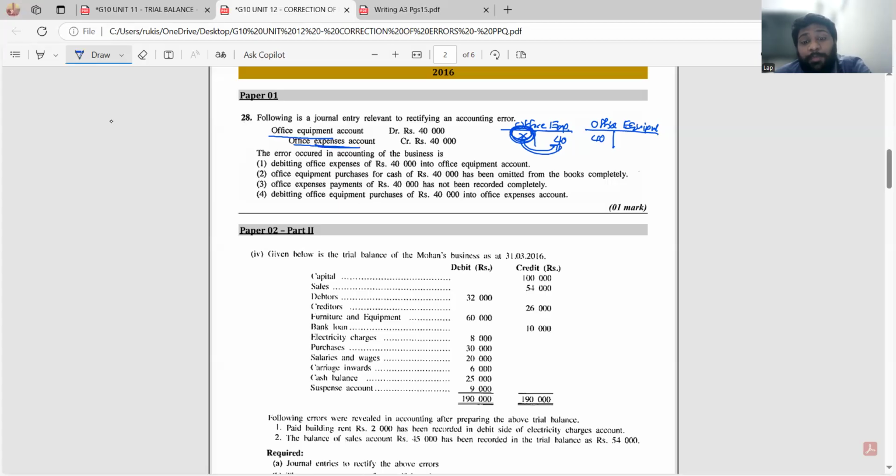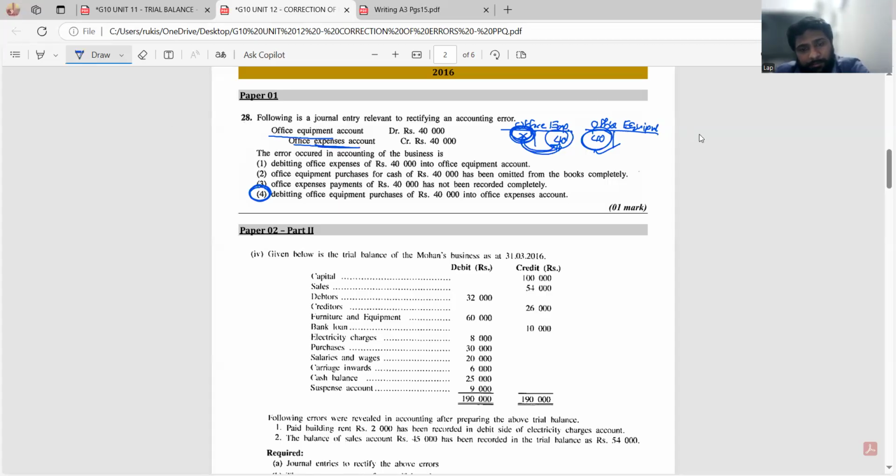Debiting the office equipment purchase 40,000 into the expense account. That's what has happened. You purchased the office equipment, but mistakenly you have put it to the office expense account. So you removed it from the office expense account, you recorded it in the office equipment account. So the fourth one is the correct answer.